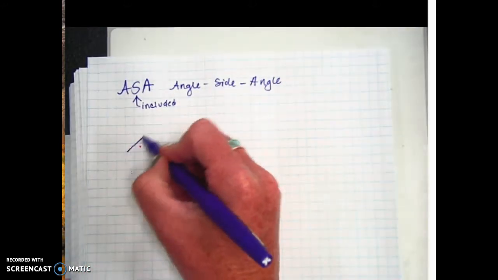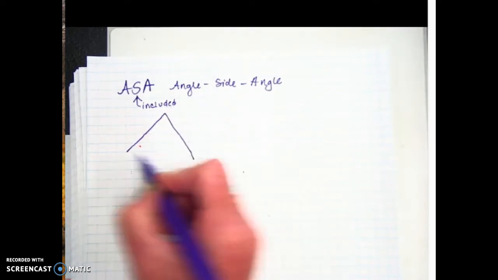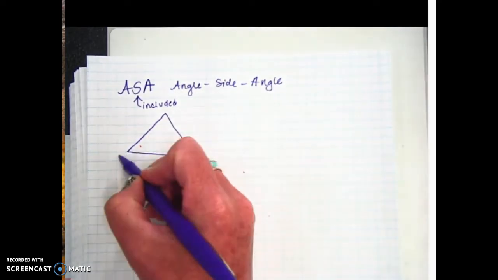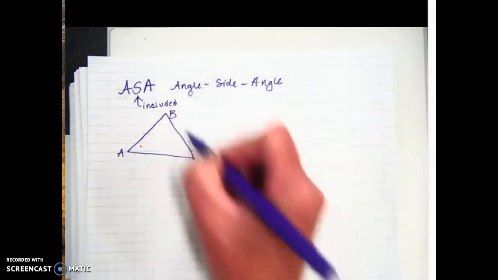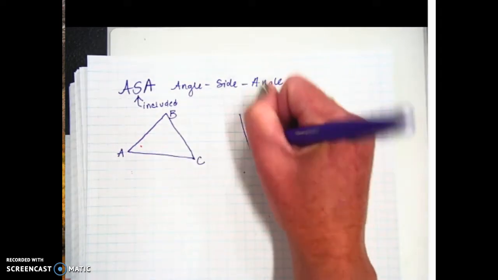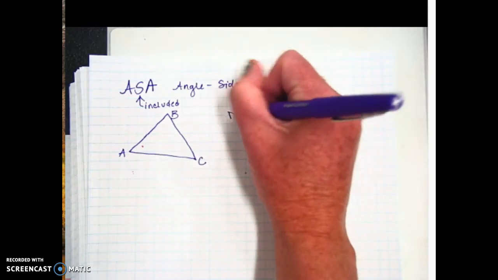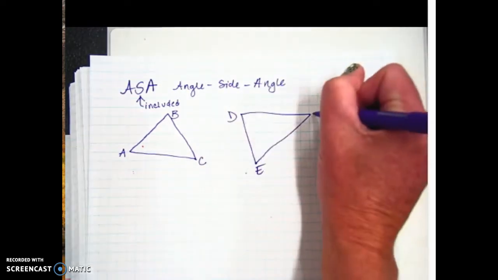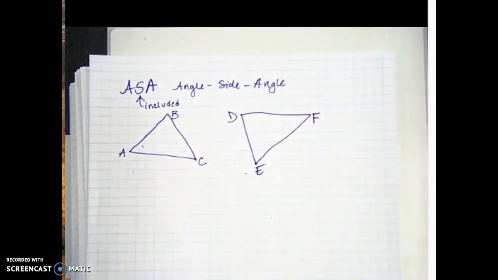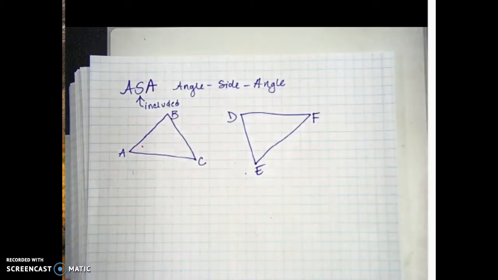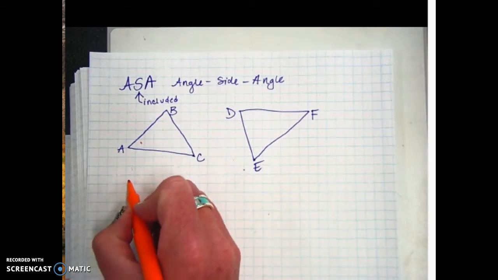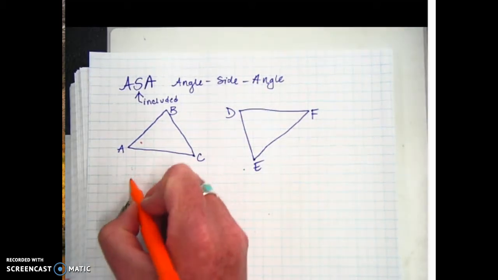So we're going to draw two triangles. We'll call this first triangle ABC. Second triangle we'll call DEF. And I'm going to give you some information about these two triangles, and then we're going to make our arc marks and our tick marks.